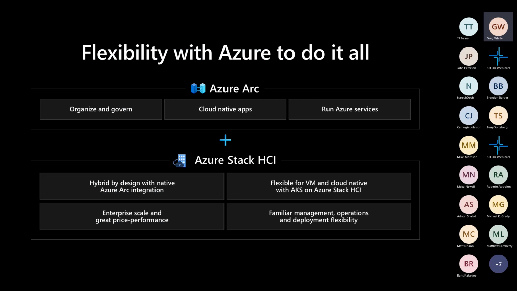Now, when you combine the capabilities that we discussed with Azure Stack HCI with the previous capabilities around Azure Arc, hopefully you can start seeing where this all comes together into a perfect solution, where you're able to take bits and pieces of the cloud, run them on commodity hardware on premises, and then wrap it all around this single management paradigm that uses cloud-based technology but leverages on-premises components.